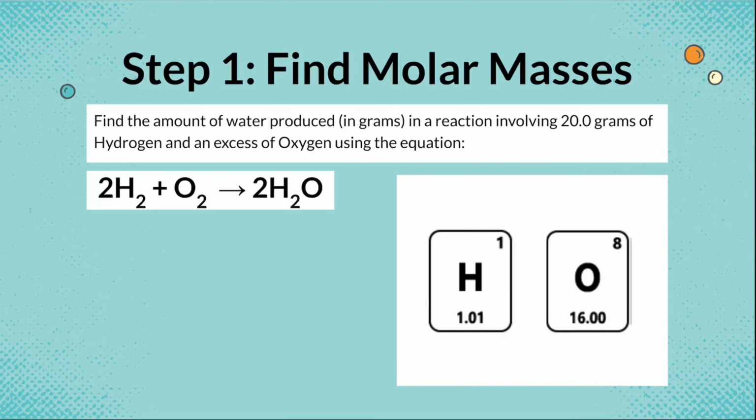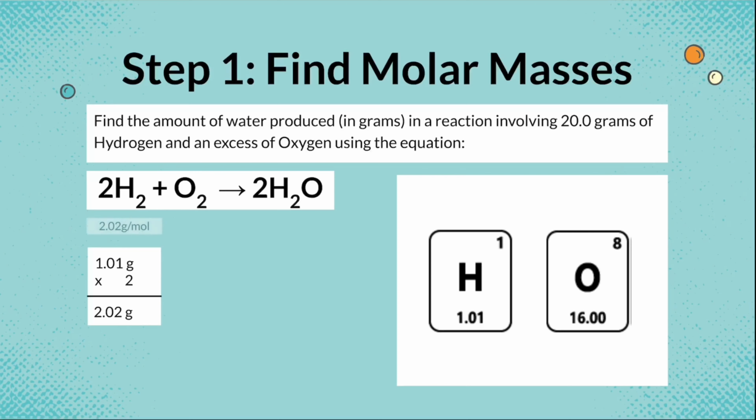Now, let's try this out with our example. Take a look at the hydrogen square. Do you see its molar mass? Yep, it's 1.01 grams. But since the chemical whose molar mass we want to calculate is H2, we must add another 1.01 grams to the total molar mass, or multiply it by 2, which will get us to 2.02 grams per mole.